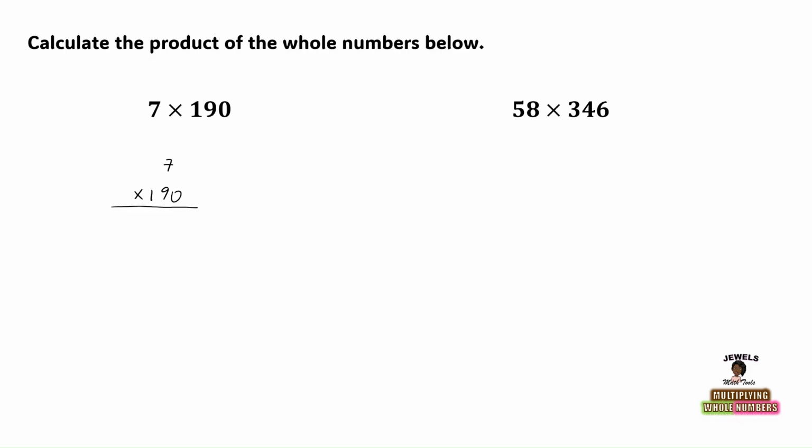So let's get started. The first digit that we're going to begin multiplying by is our 0, which means that we're going to be multiplying our 7 times 0, which will equal 0. And since we do not have any other numbers left to multiply by, this will be the end of our multiplication.